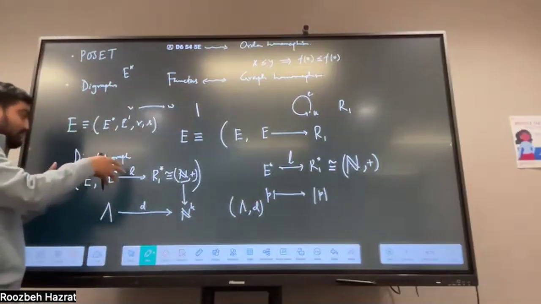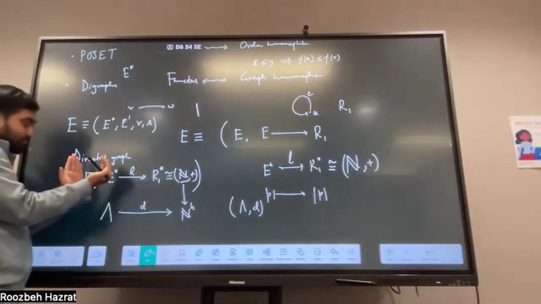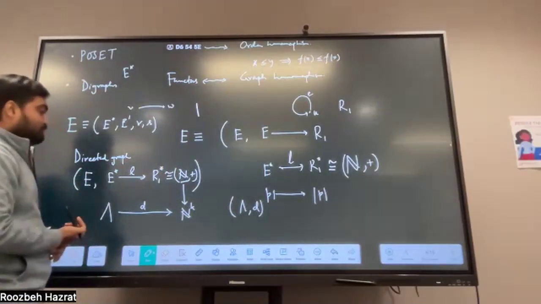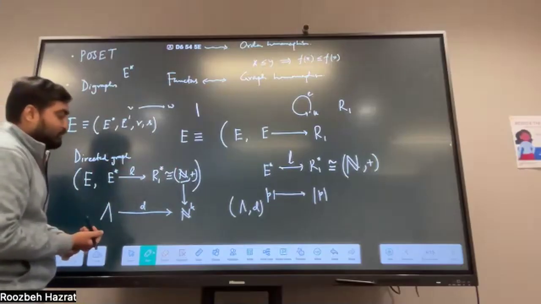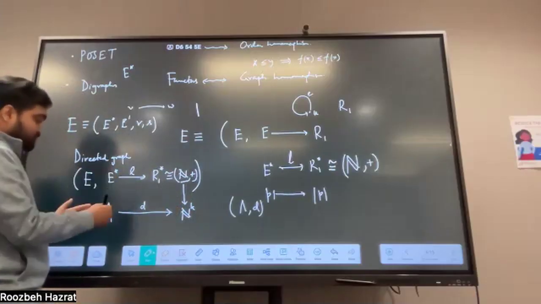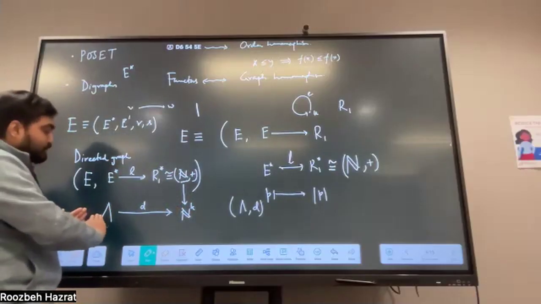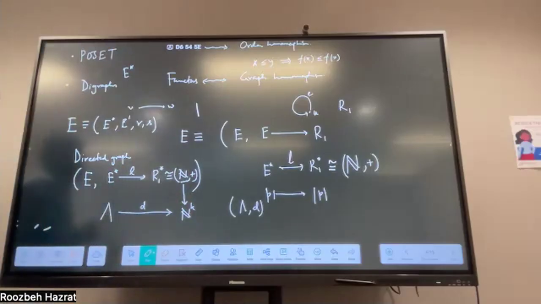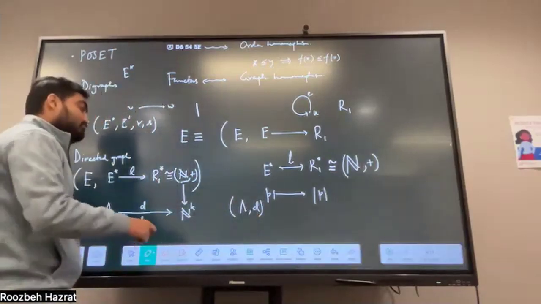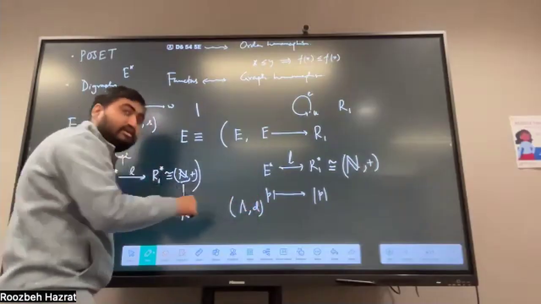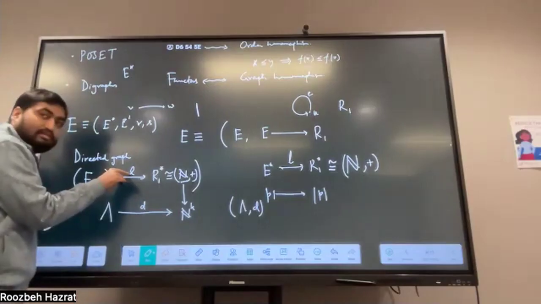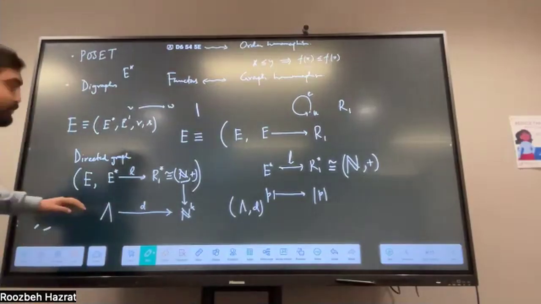So a graph in our one dimension, as we are viewing now, is the graph itself with this functor L. And now going to higher dimension, the first thing you can do is change this N to N^k, and then this E star becomes an arbitrary small category together with this functor d from Lambda to N^k. So now I will call Lambda, d a higher dimensional graph, but I need to put some condition on this functor d, which is also inspired from the property of this length functor L, right? So what is that?